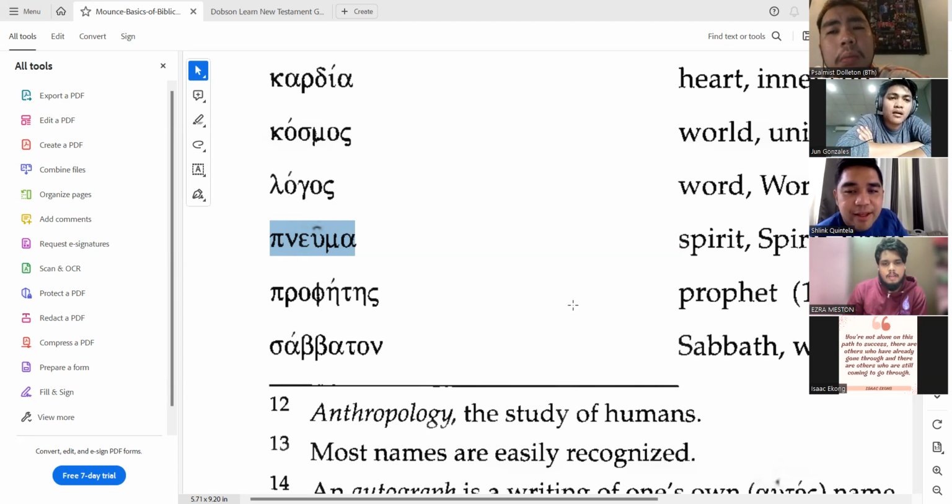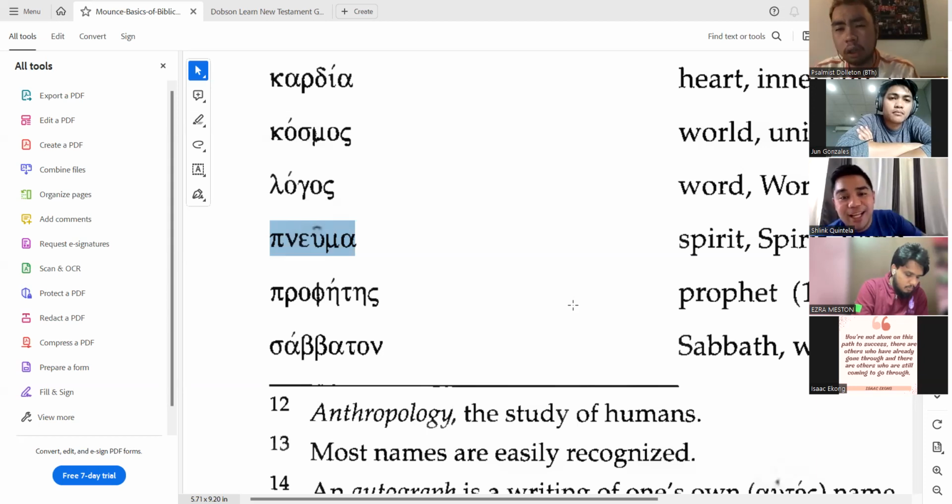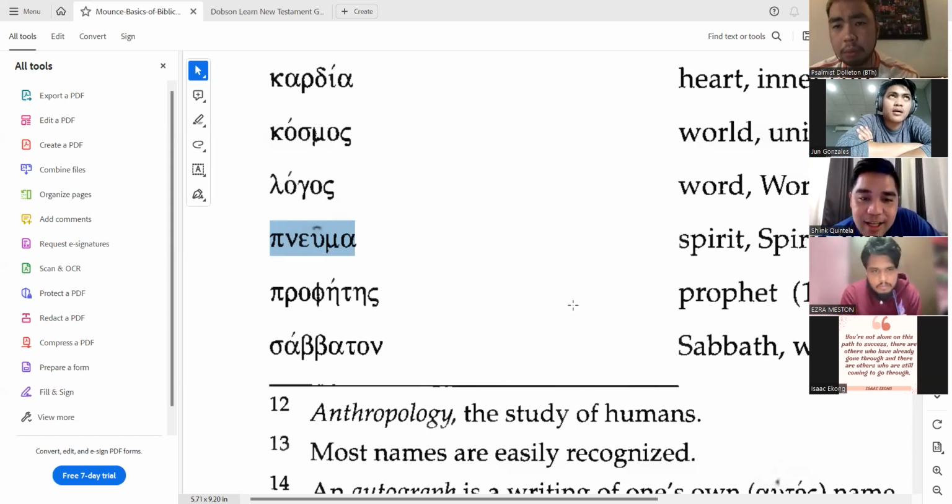Pen, and then the diphthong of epsilon and upsilon, peniu, and then a mu, and then alpha. Pneuma. This is the word for spirit. That is why in your systematic theology it's called pneumatology, the study of the spirit.